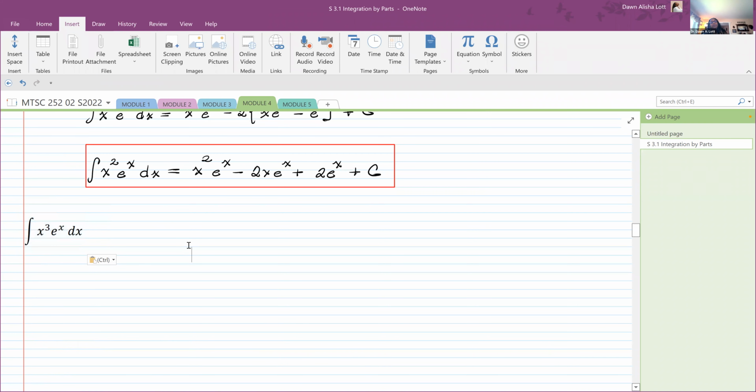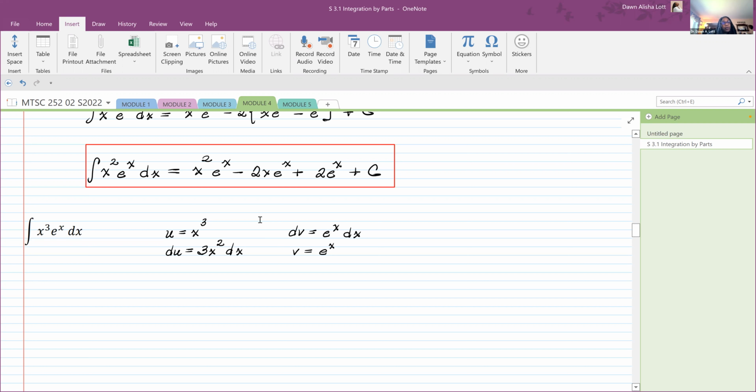All righty. U equal to x cubed, du is 3x squared dx, dv is still e to the x dx, and v is still e to the x.